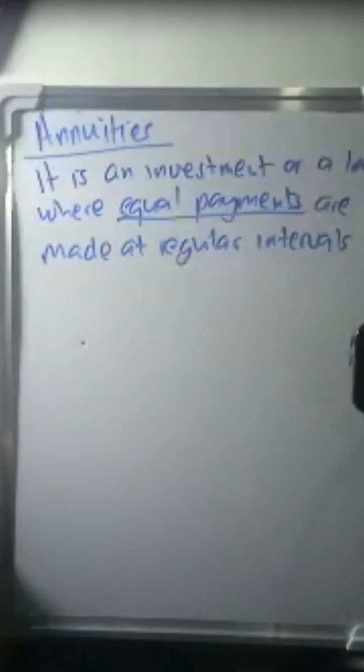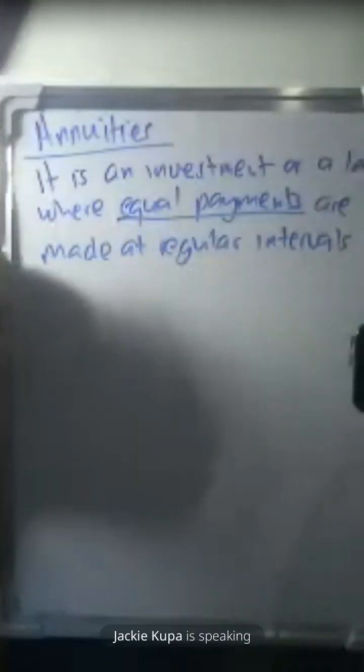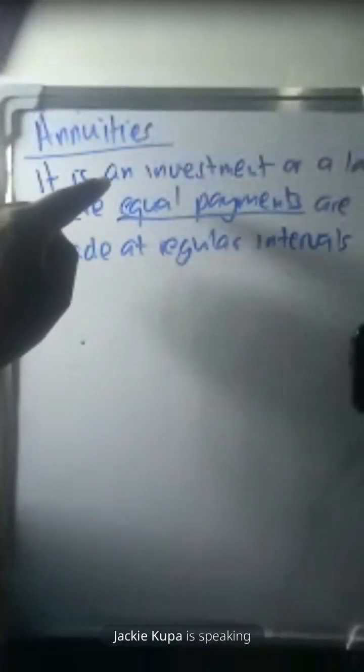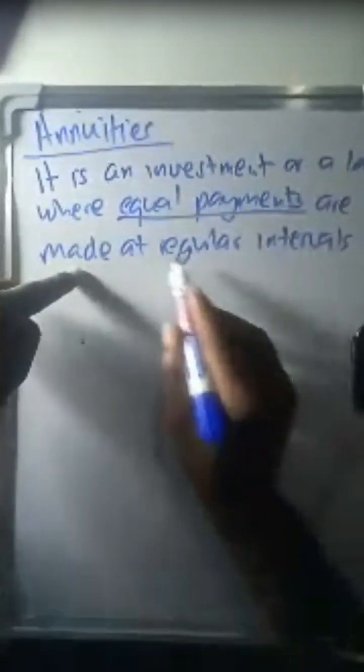Jackie, can you hear me now? Yes, sir. I can hear you, but it was not me. Oh, I thought it was you. Sorry, Jake. I thought it was Jake. It is an investment or a loan where equal payments are made at regular intervals.